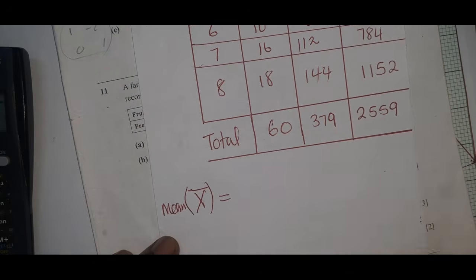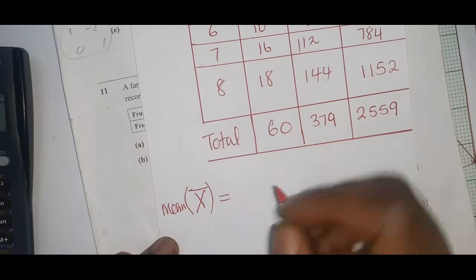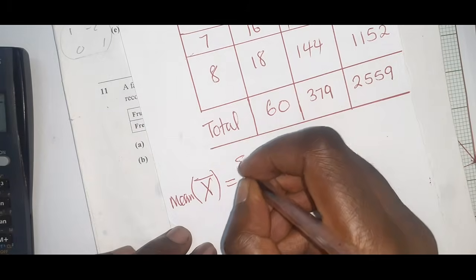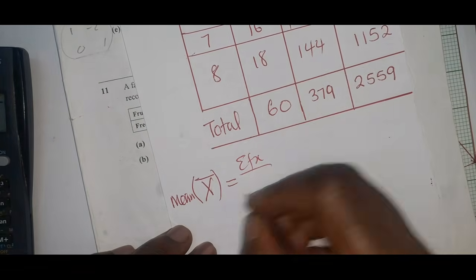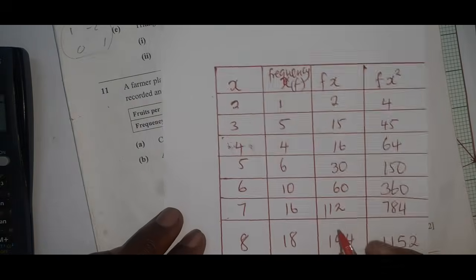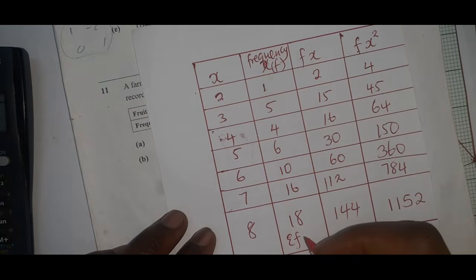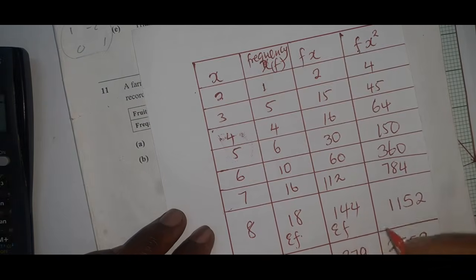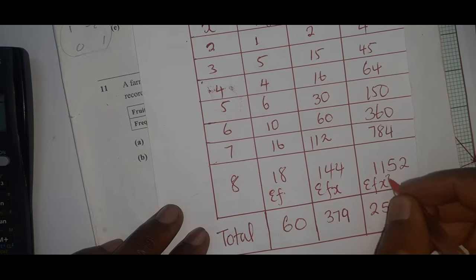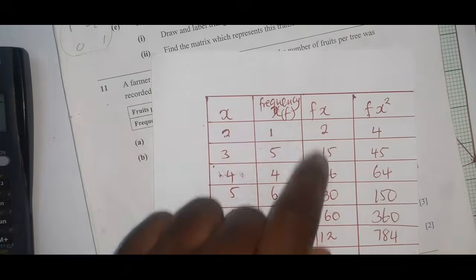Now, you should know that we need to find x bar before we go to standard deviation. So x bar is summation of fx divided by summation of f. So this is the summation of f, and this is summation of fx, and this is summation of fx squared, because we are looking at where they are coming from.